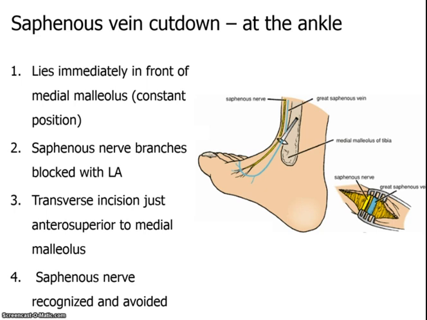In such conditions, what you do is great saphenous vein cutdown in front of the medial malleolus, where you give a local anesthetic agent to block the branches of the saphenous nerve which supplies that area, and then you put a transverse incision in front of the medial malleolus, identify the saphenous nerve and the great saphenous vein, and you prevent damage to the saphenous nerve, and you enter the great saphenous vein with the cannula, and you suture and close it up, and then you can use it as an IV access to give saline or other fluids.